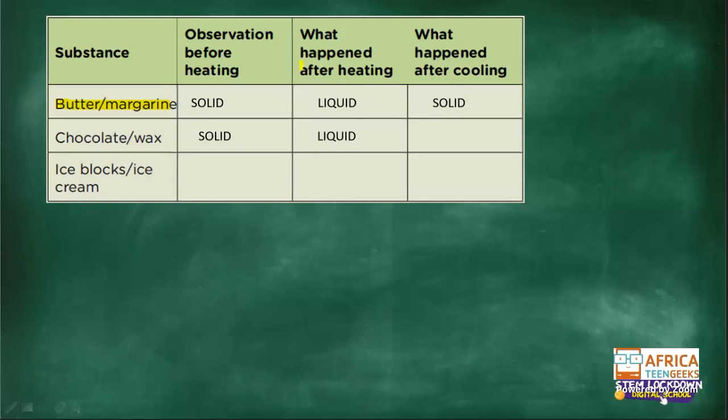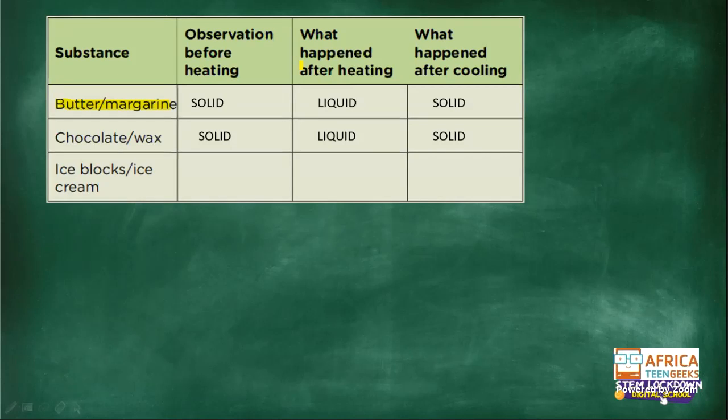It's going to turn back into a solid. Now, if you think about it this way, when you buy a chocolate, you're at the shop and you leave your chocolate in a hot car, it is going to melt. But if you take that chocolate out of the car and you put it in your house, especially if you put it in a freezer, it will become hard again. Just the shape will change, but it will solidify.